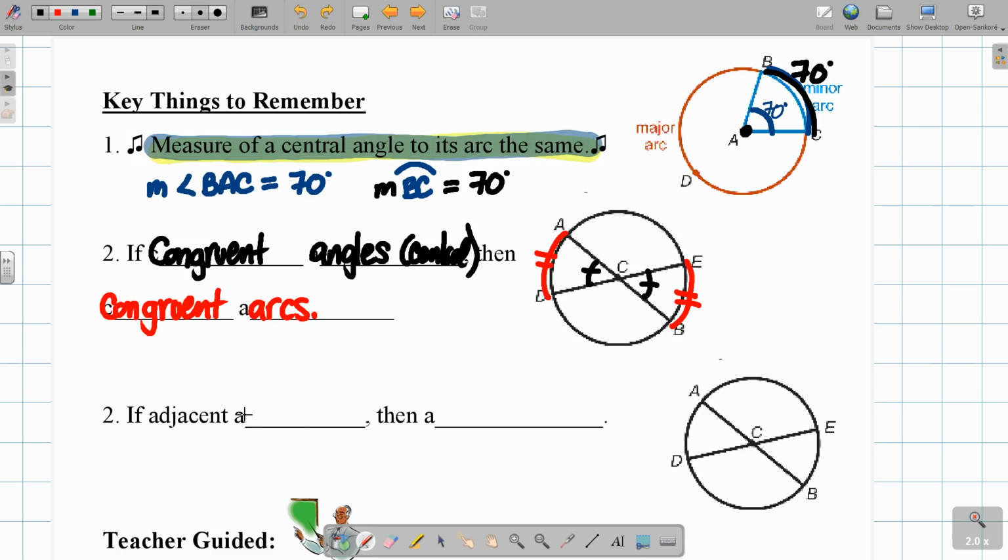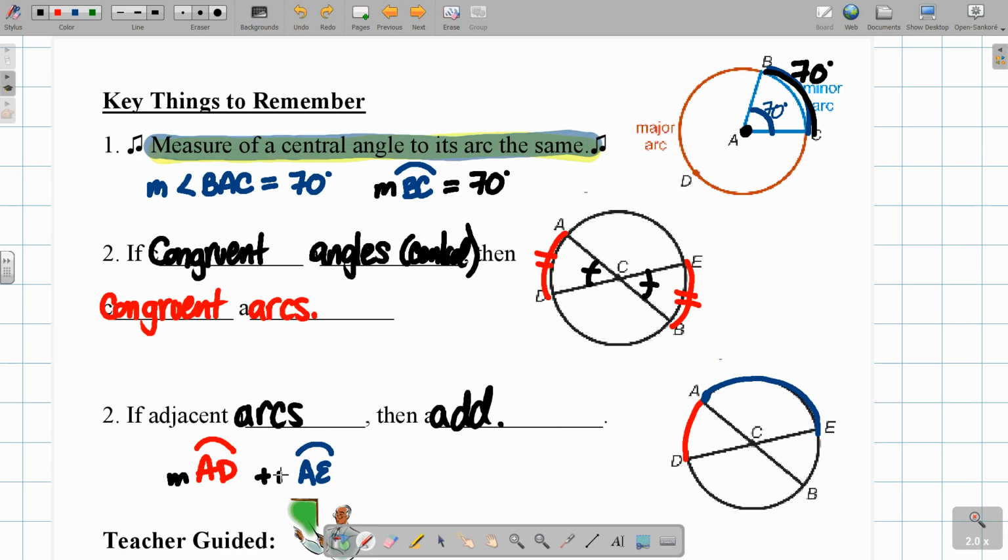This one is really simple. If you have adjacent arcs, you can add them. In other words, the measure of arc AD, that notation, degree measure of that arc, whatever it would be, plus the degree measure of this minor arc AE.